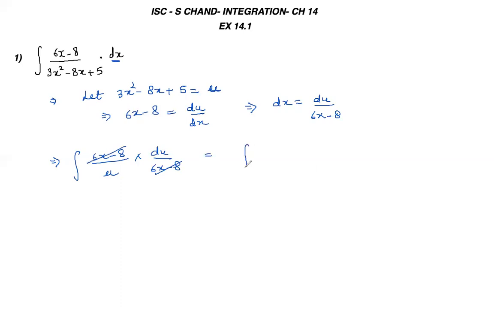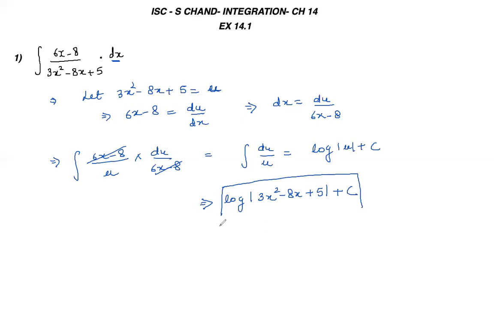What finally I'll get is du upon u, that is equal to log u plus c. We know the formula: integration of 1 upon u du is log u plus c. Again I'll substitute the value of u, so it would be log of 3x square minus 8x plus 5 plus c. So this is the solution for question number 1.